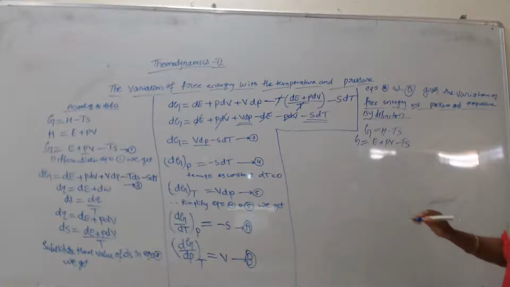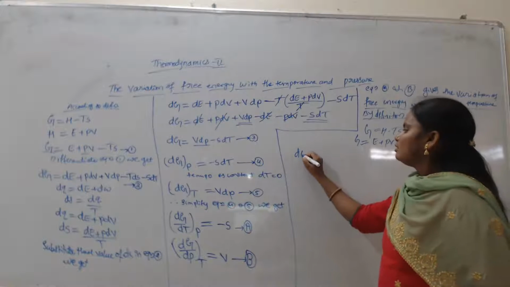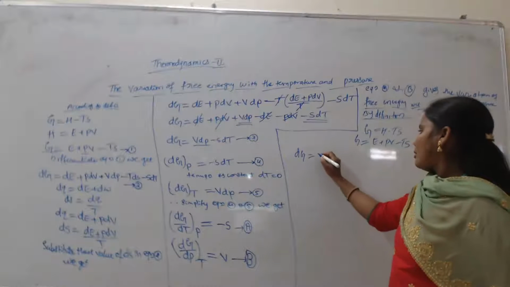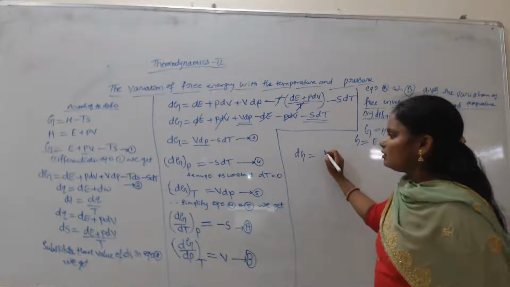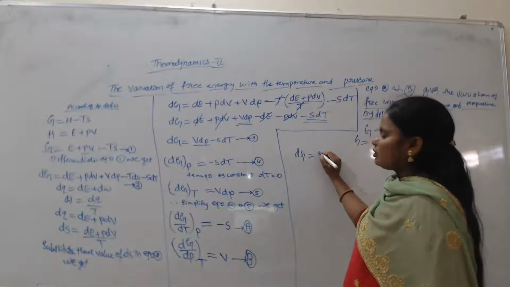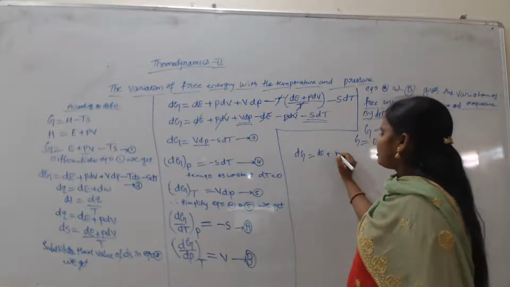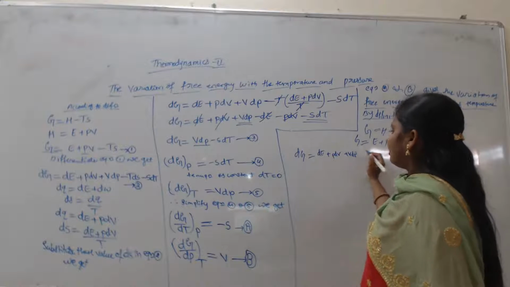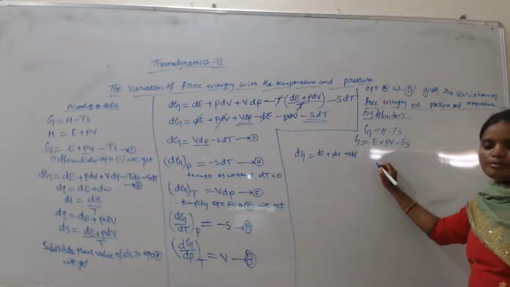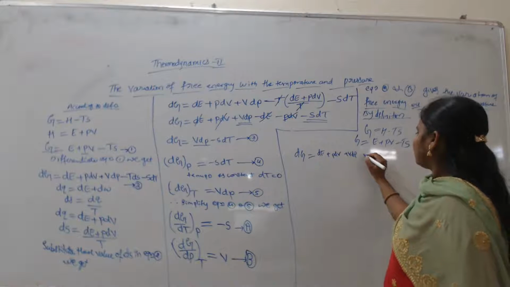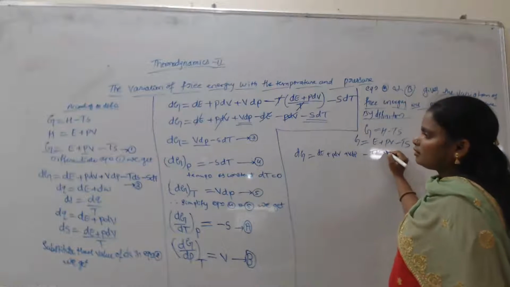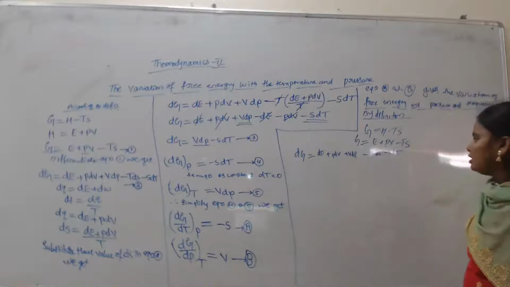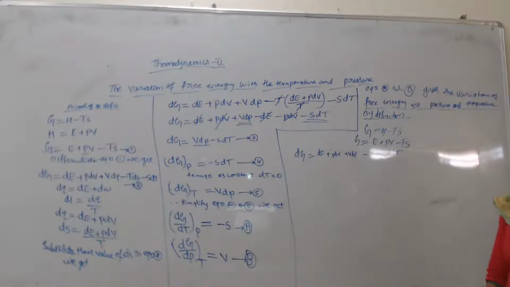Here we get the differential equation: dG is equal to dE plus P dV plus V dP minus T dS minus S dT.